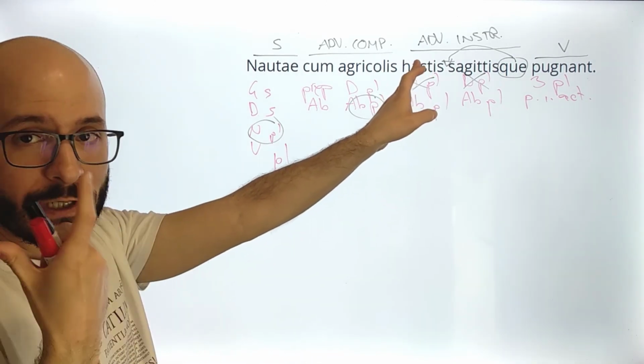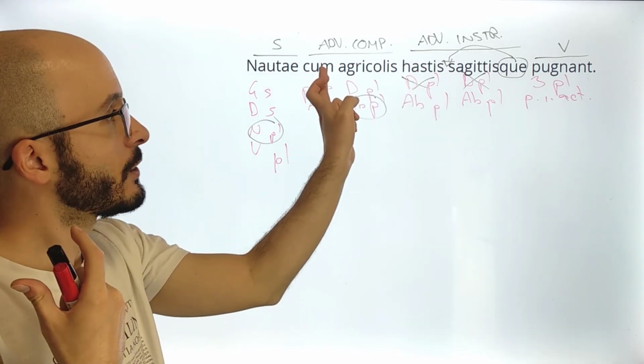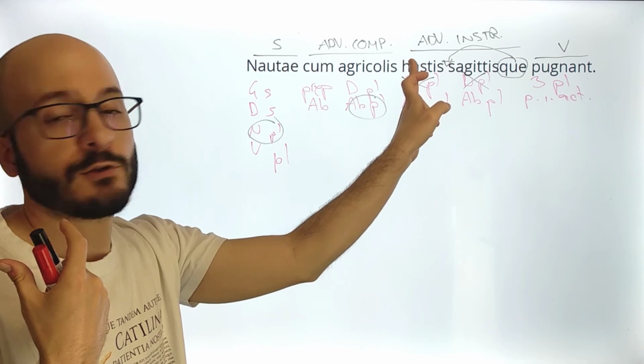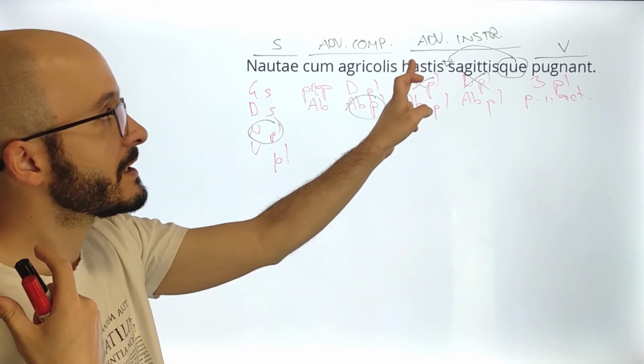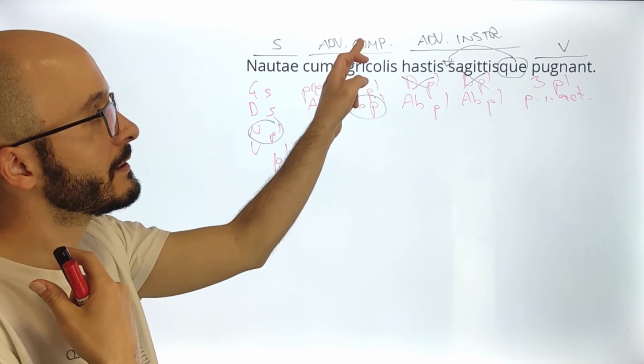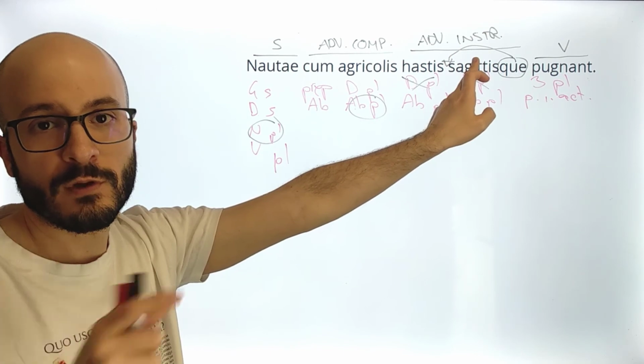And yes, we translated both with, but here we have cum, here we don't have anything. The translation doesn't matter. What matters is the actual syntactic function in Latin. So the company, cum plus ablative. The instrument, ablative without preposition.